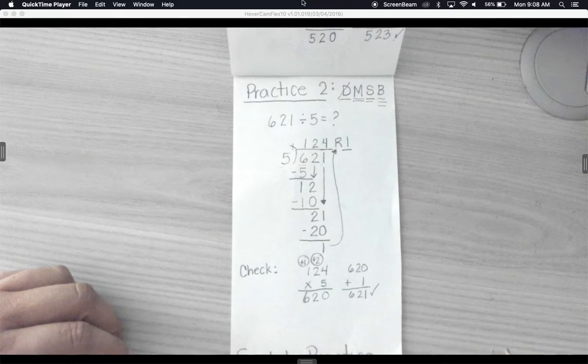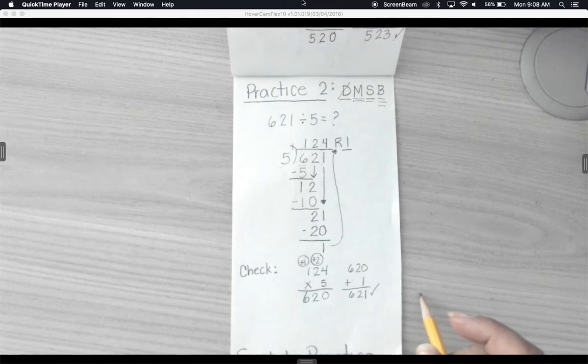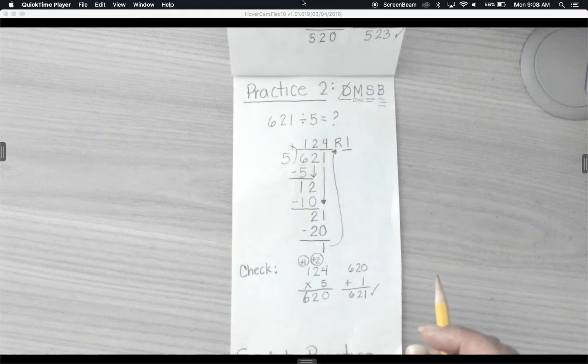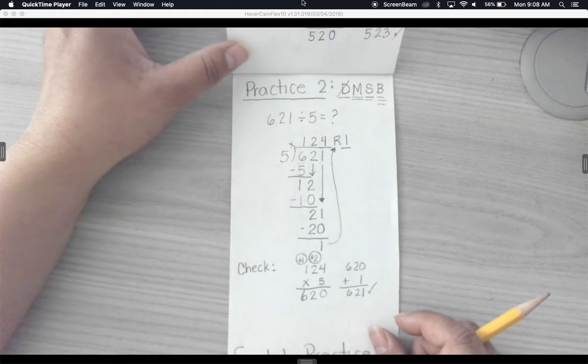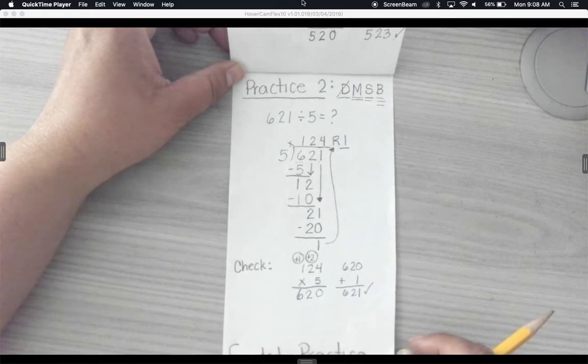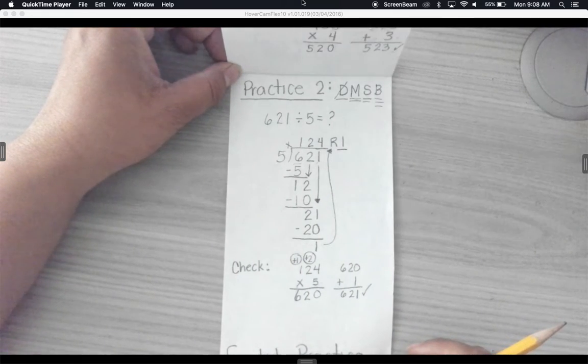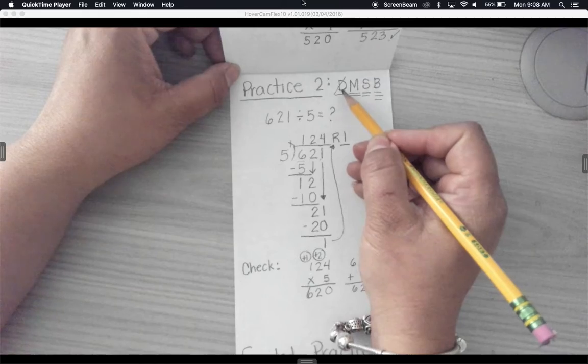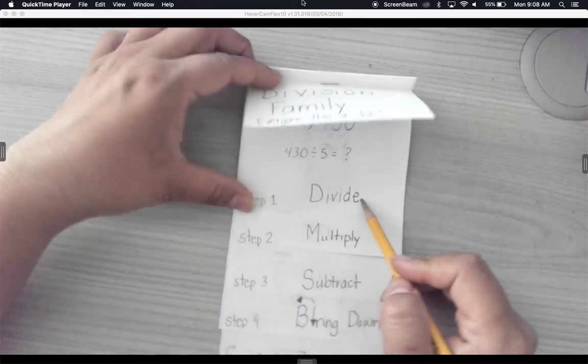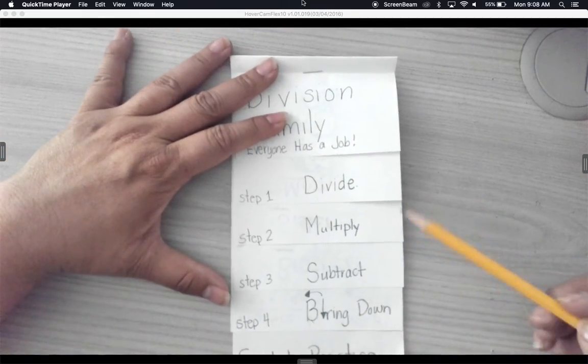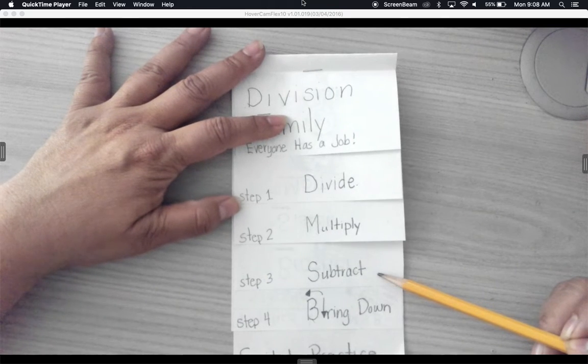Do you understand it a little bit better now? Those steps helped you? So remember these for the test or for anything that you do for the rest of your life. Okay? Remember, what's step 1? Divide. What's step 2? Multiply. Step 3? Subtract. Step 4? Bring down.